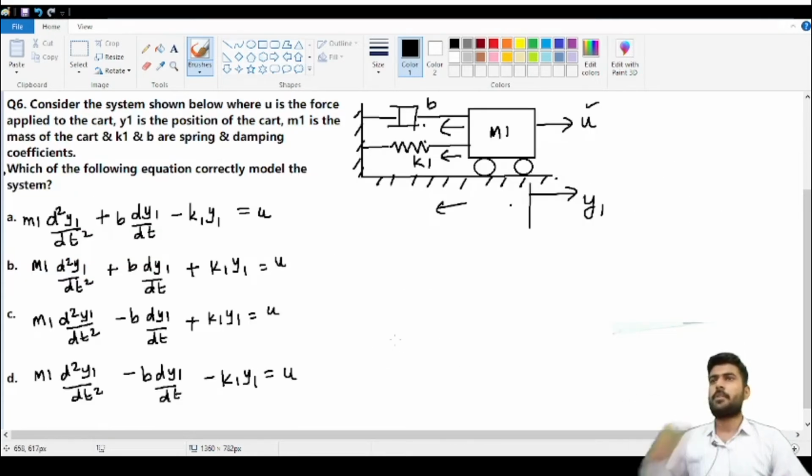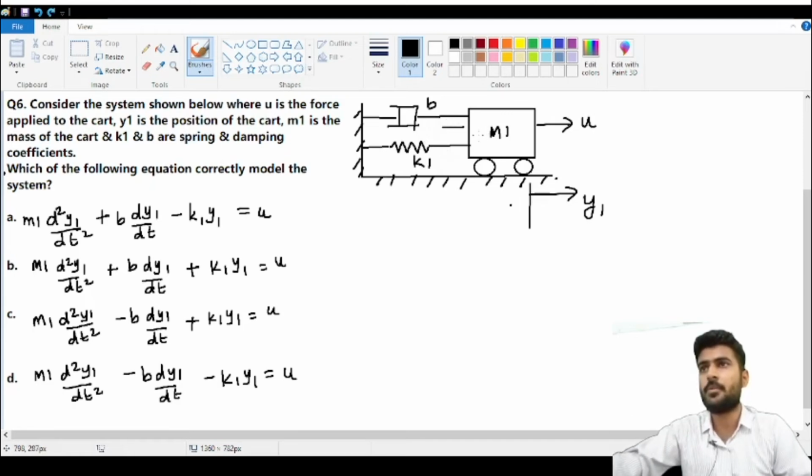So the next question, we are given a system which is attached with a damper and spring K1, and we have to select the correct equation model for the given system. So first we have to account for what forces are acting on the system.